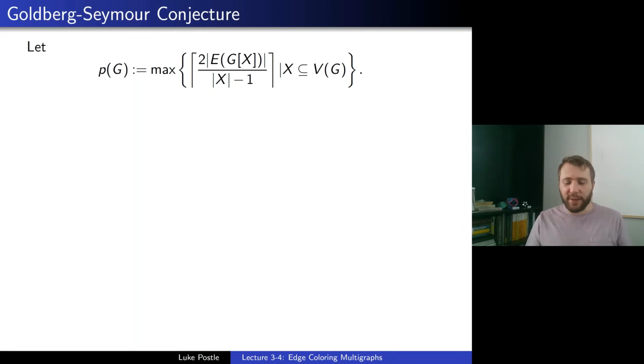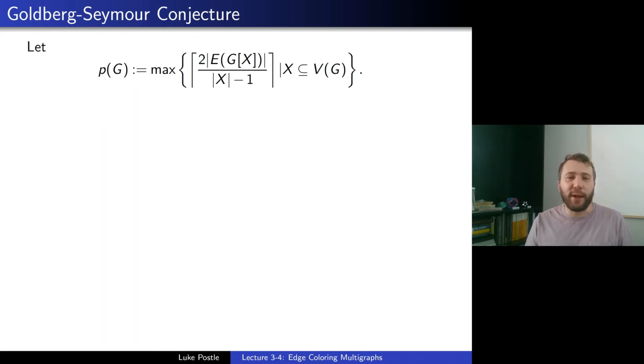I'm going to talk about something called the Goldberg-Seymour Conjecture, but let me introduce it and motivate it a little bit. Let P of G be the following very weird parameter. Let it be the ceiling of 2 e of G of X over X minus 1, where X is any subset of vertices of G. That's a mouthful.